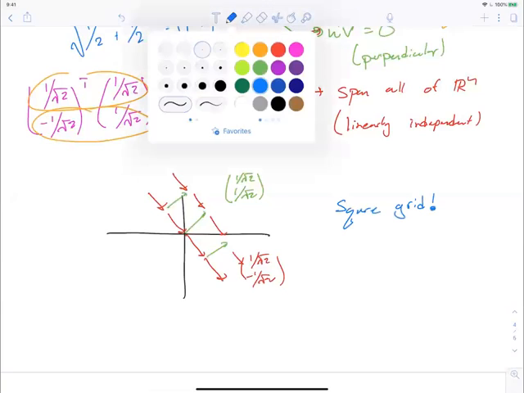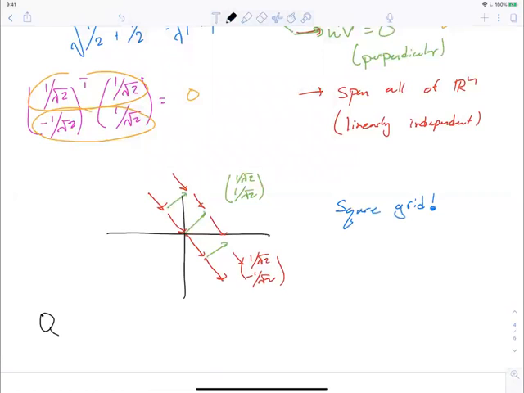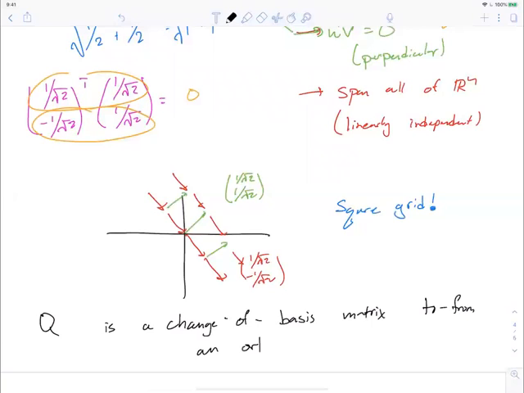In some sense, every orthogonal or orthonormal matrix is a change of basis matrix to or from an orthonormal basis, just for emphasis. So that's the way we should think about what Q is doing.